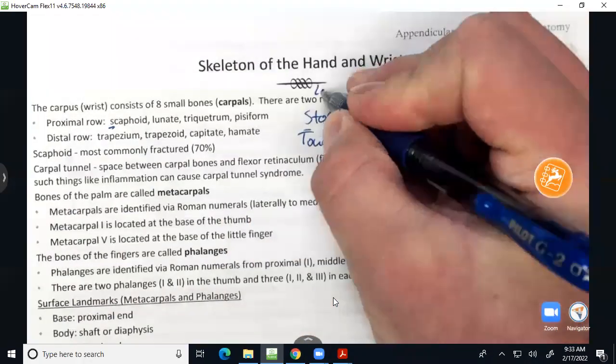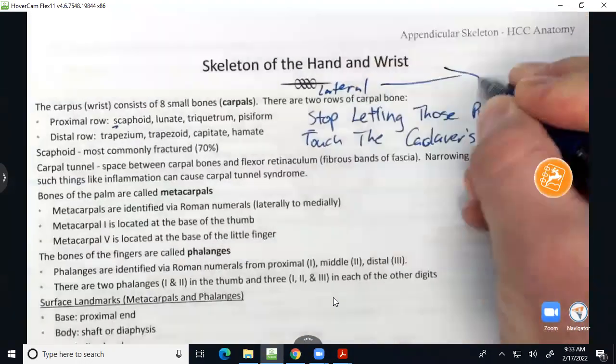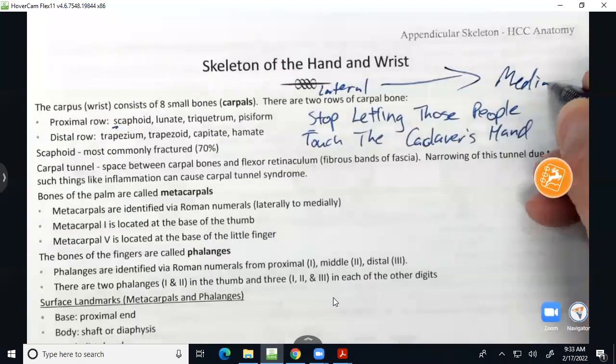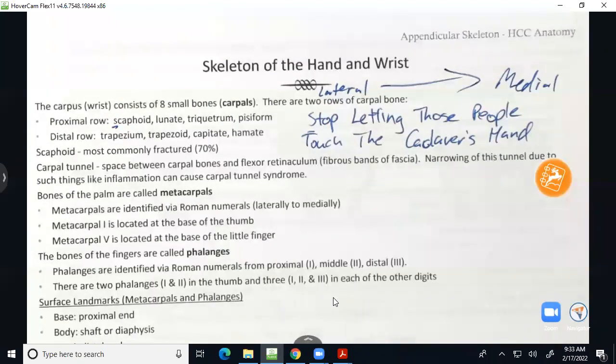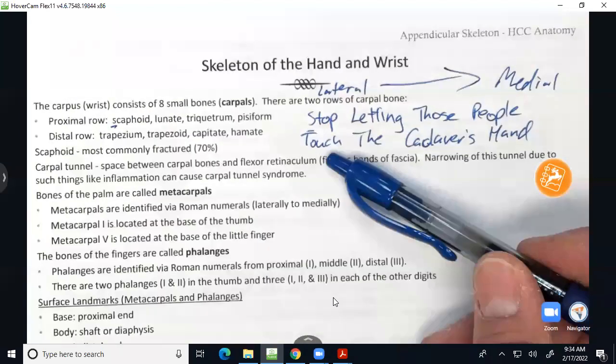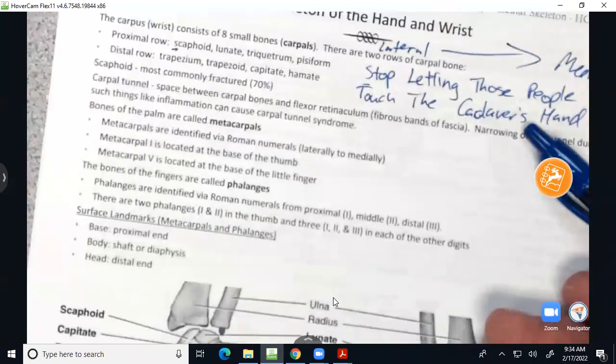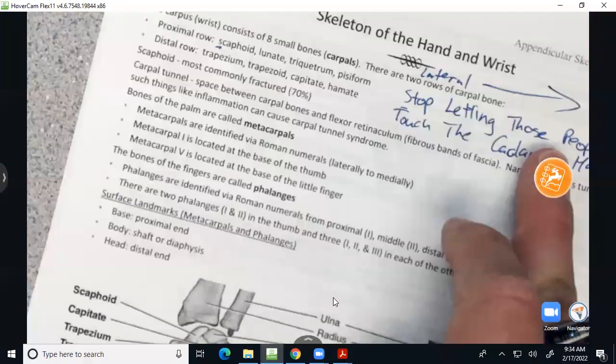This would be lateral to medial. Remember your thumb is on the lateral side, so your scaphoid's on the thumb side, and that means your pisiform is on the pinky side, on the medial side, and then we start back over with trapezium, trapezoid, capitate, hamate, going lateral to medial again.